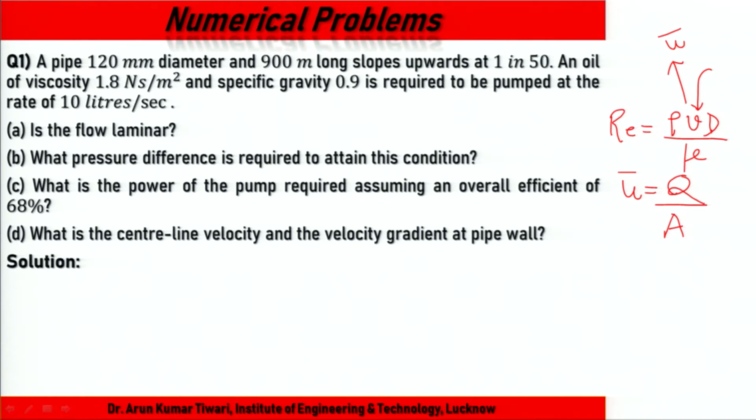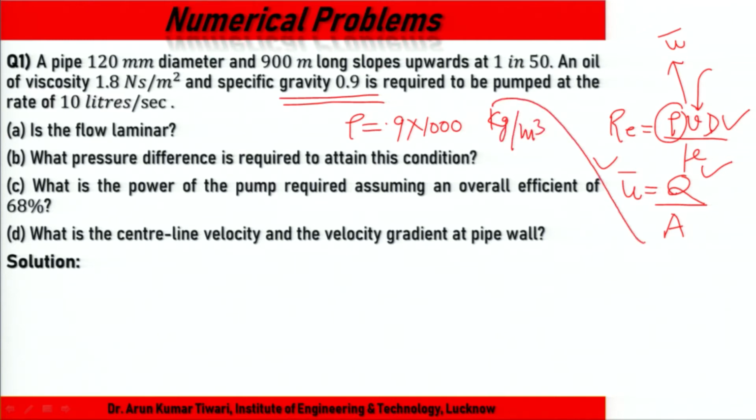Diameter and viscosity are given. How do we calculate density? The specific gravity is given, so density equals 0.9 into 1000 kg per meter cube.